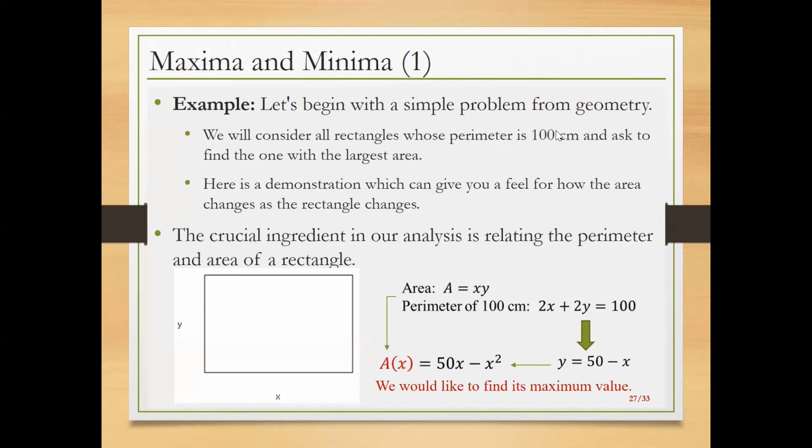I gave you a perimeter of 100 centimeters, and I asked you to find the rectangle that has this perimeter such that the area of the rectangle is maximized. So I want to find the area of some rectangle of length x and height y such that the perimeter of this rectangle is equal to 100. So I want to maximize A(x), given that 2x plus 2y is equal to 100.